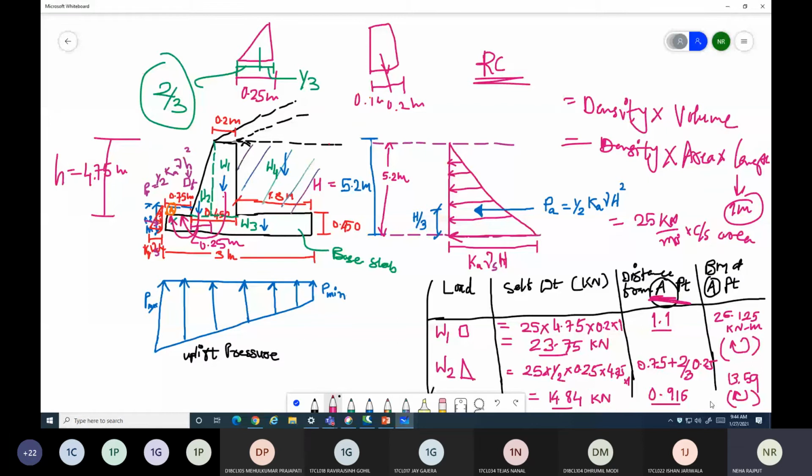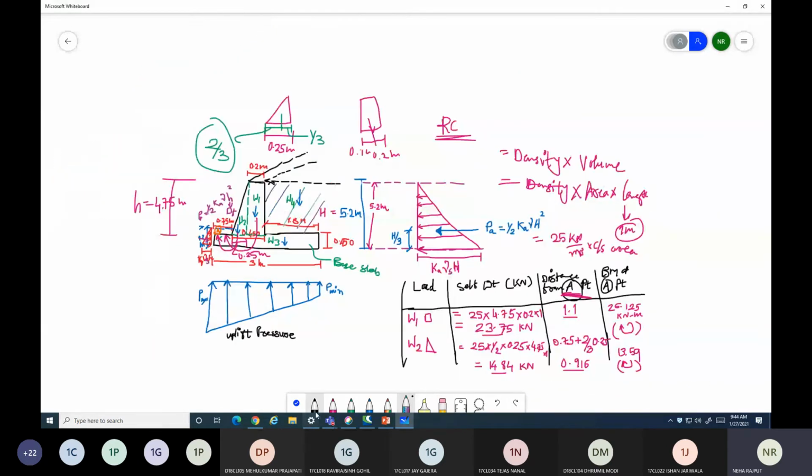W2 force calculation. Now next will be W3, that is W3 means this portion, the whole base slab, the base slab of 3 meter by 0.45 meter. So next is this base slab calculation. So here I am writing W3.